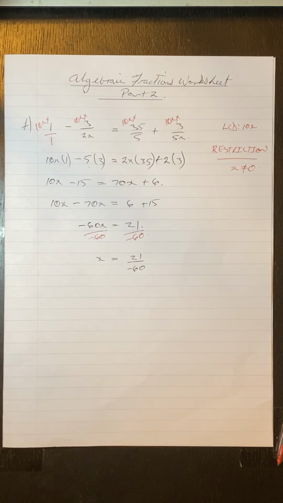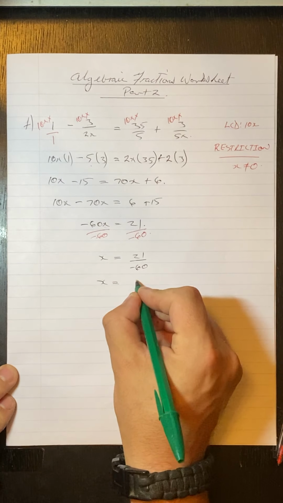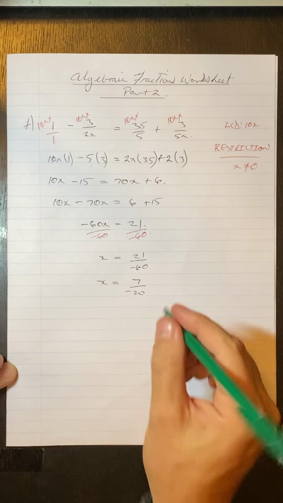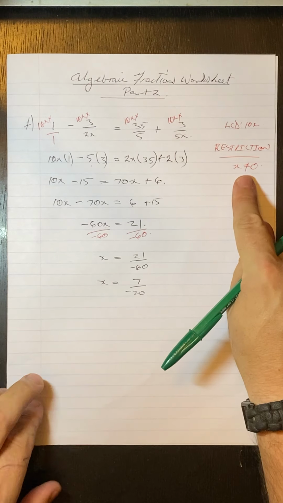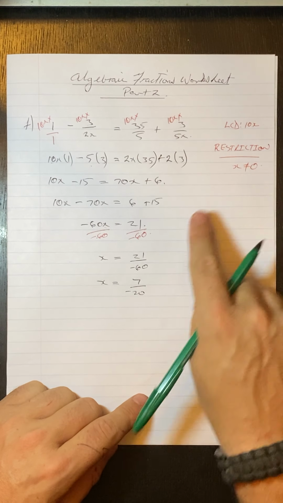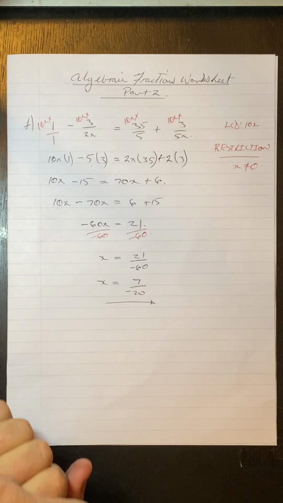So you can use a calculator, and we would get x is equal to minus 7 over 20. Okay, I'm just going to check my restriction, and our restriction says that x cannot be equal to 0. We don't have that, so this is a solution.